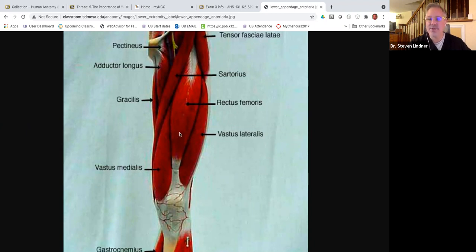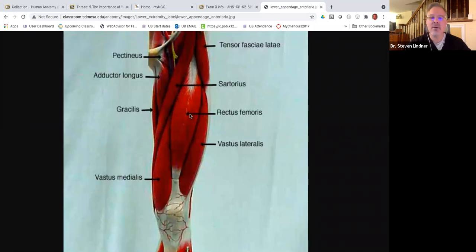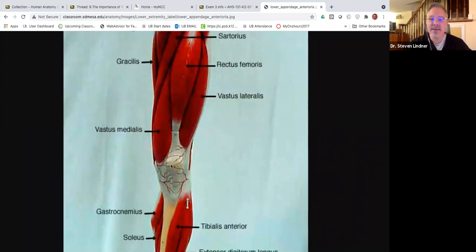That fourth quadricep is called vastus intermedius. Intermedius because it's in between the lateralis and medialis. So you have the rectus femoris, the vastus lateralis, vastus medialis, and deep to this one, the vastus intermedius. All four of those quads cross over the patella and insert on the tibial tubercle.